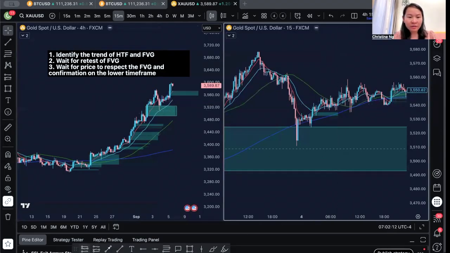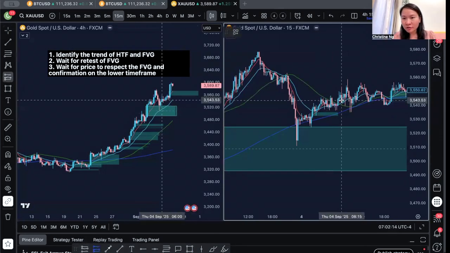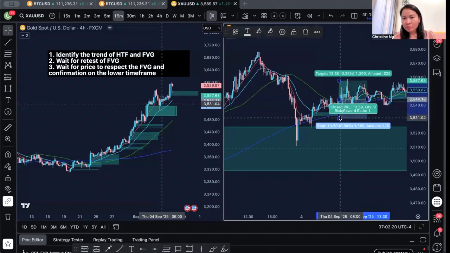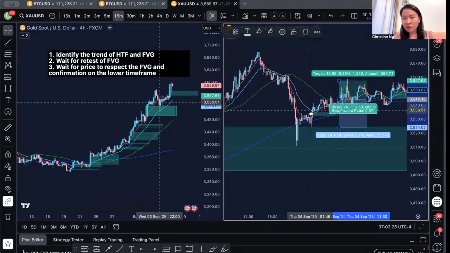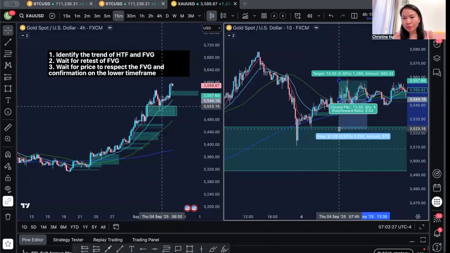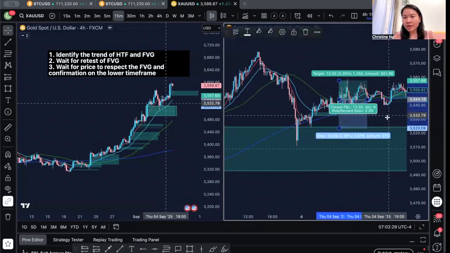So if I enter over here, long position, for example, over here, the price closed above the 8 and 21 and cross over, I can put my entry over there. And I put my stop loss maybe over here, the swing low. Okay.